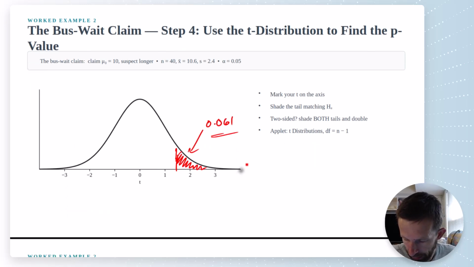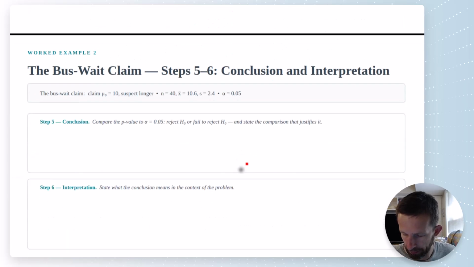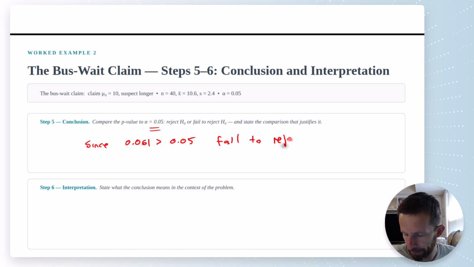So how does that compare to 0.05? Since 0.061 is greater than 0.05, we fail to reject the null hypothesis. If we fail to reject the null, we're going to keep the null.